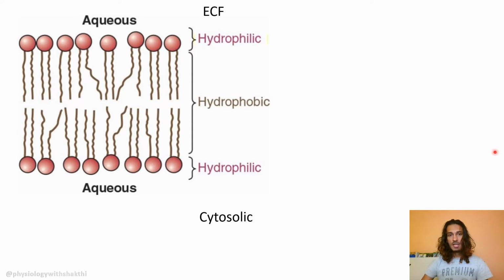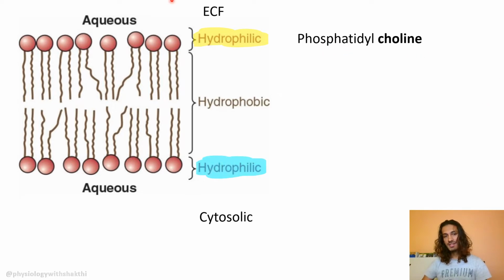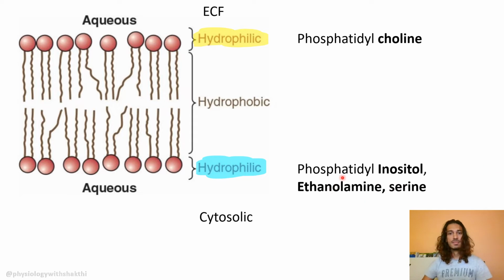Now, the phospholipid composition in the two leaflets, as these are called, is not the same. What is seen on the outside is most likely phosphatidyl choline. On the inner, cytosolic side, it's most likely phosphatidyl inositol, ethanolamine, or serine. There are functional differences.